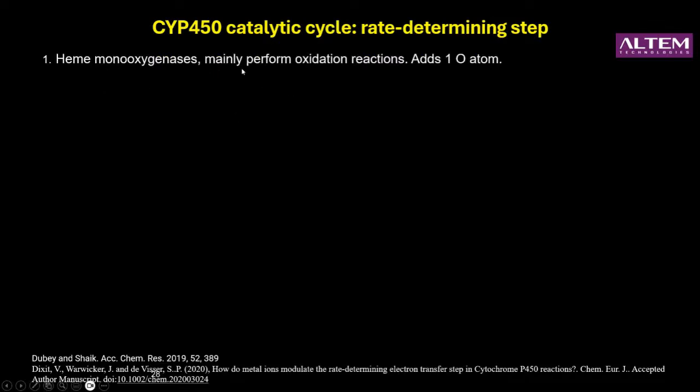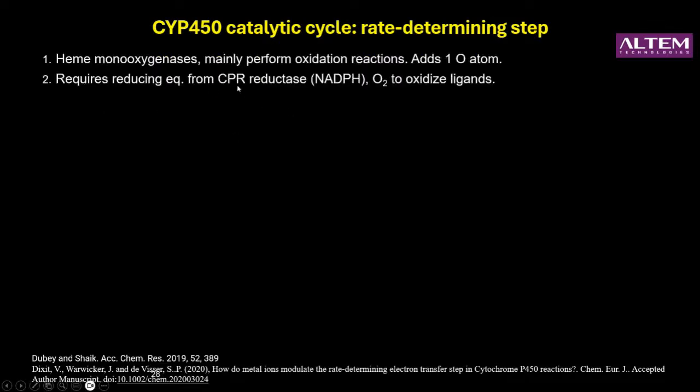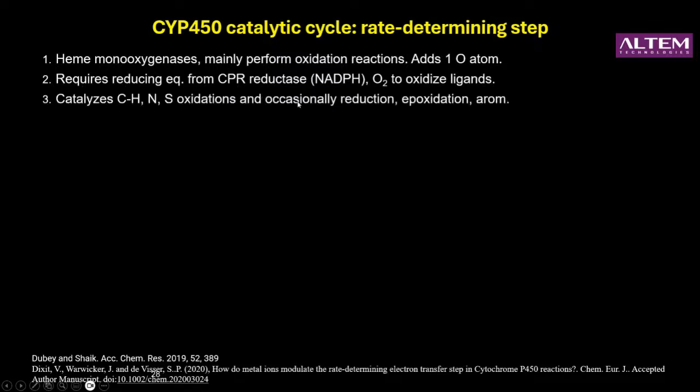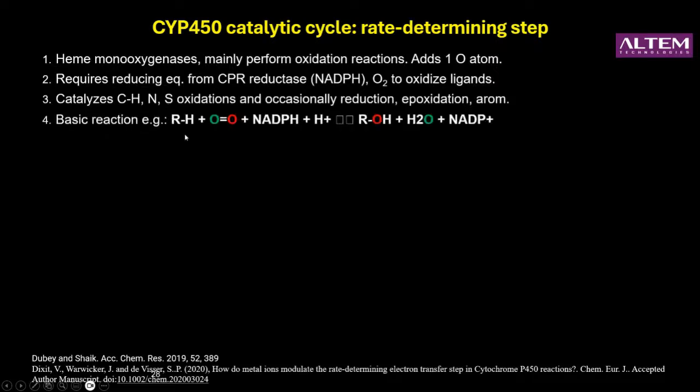These are monooxygenase enzymes. They transfer one oxygen atom to the substrate. In this process, they require reducing equivalents from the reductase enzymes, and they catalyze CH, N, and S oxidations. Overall, the reaction ends up being an addition of the OH group on the RH compound.